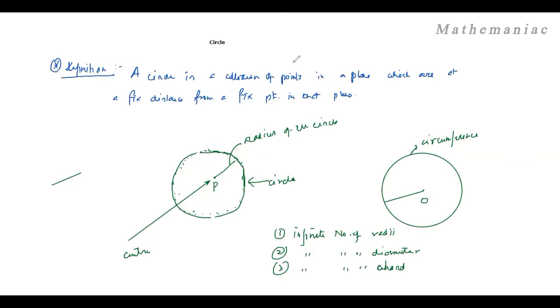Chords. So what do you mean by chord? Chord means any line segment whose endpoints are on the circle. So many chords we will get, right? I think I should not wait for this to be completed because you know this. I think I can proceed further.